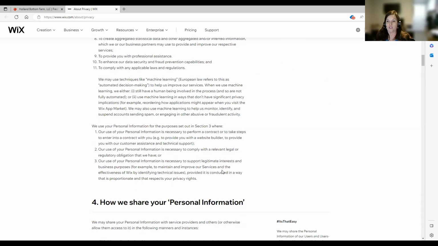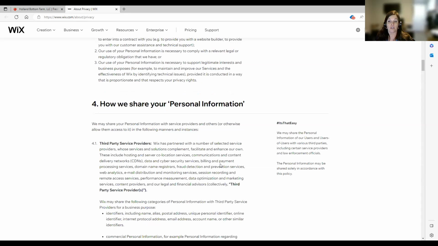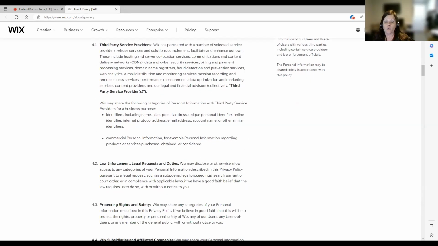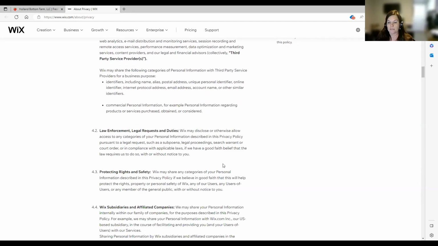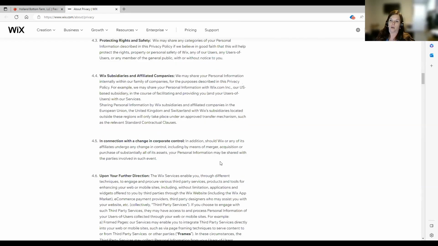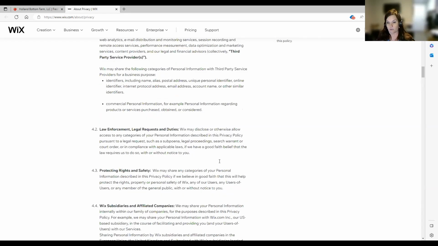And what they use your personal information for is basically set out in that section 3 that we just referred to. How we share your personal information, where they talk about their third-party service providers. Then law enforcement legal requests and duties, protecting rights and safety. It goes on and gives in-depth reasons for how they share your personal information.